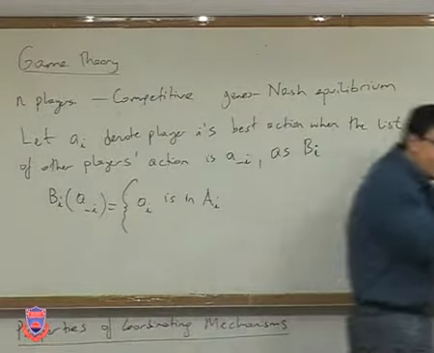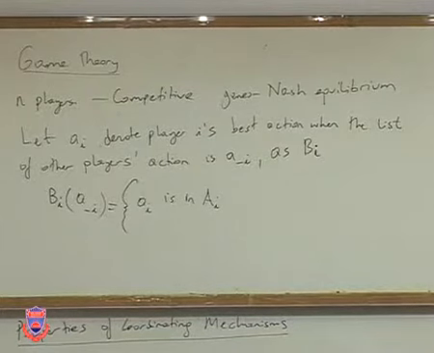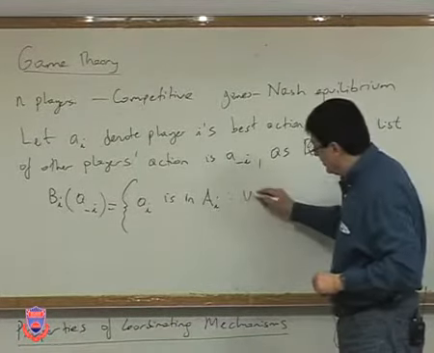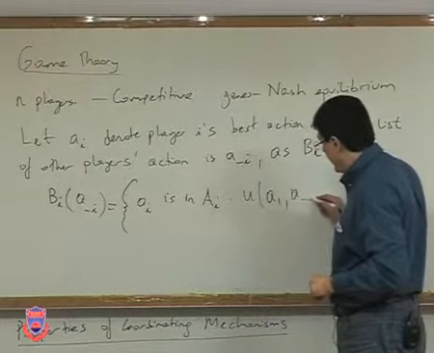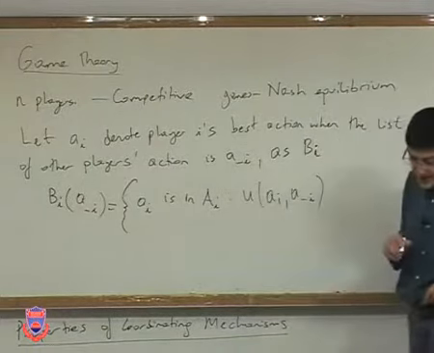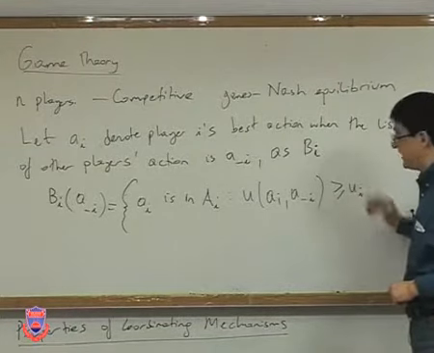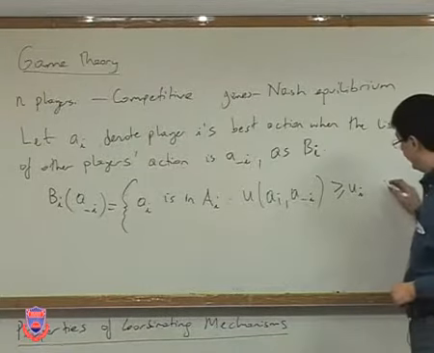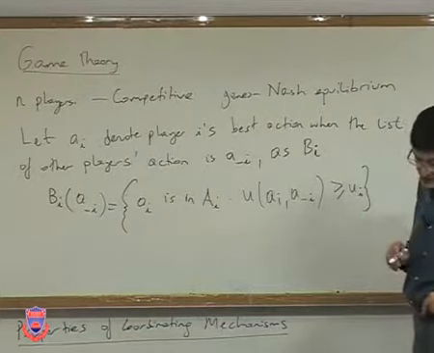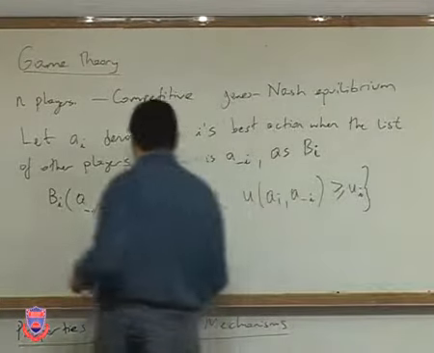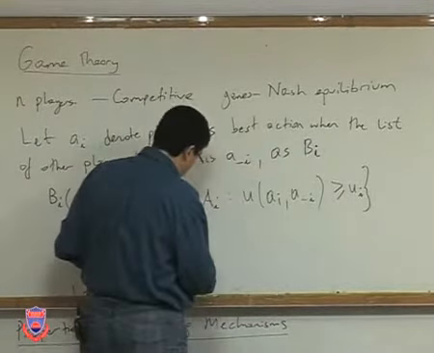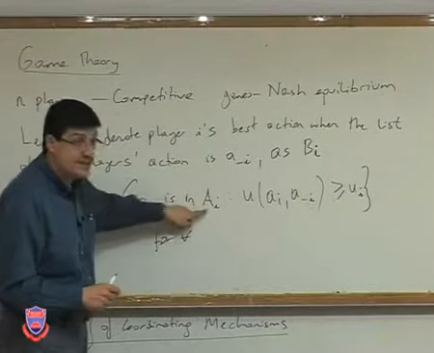In other words, you have a set of possible actions that you allow for i. It is in that set, and such that the utility u_i of a_i, a_minus_i is always greater than or equal to the utility of any other a_i, for all a_i in this set.